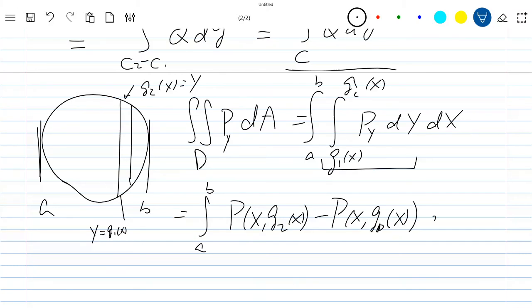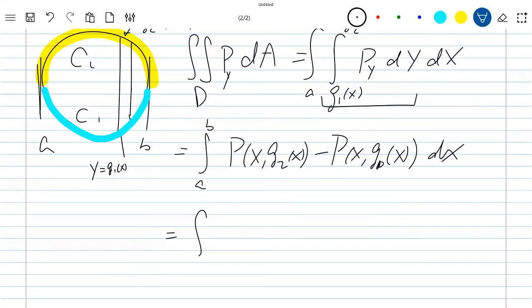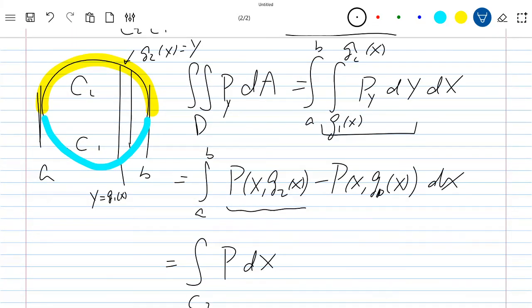Then as before we will call the top part C2 and the bottom part C1. And that's P dx. To make dx positive, we have to go this way, and C2 also this way.